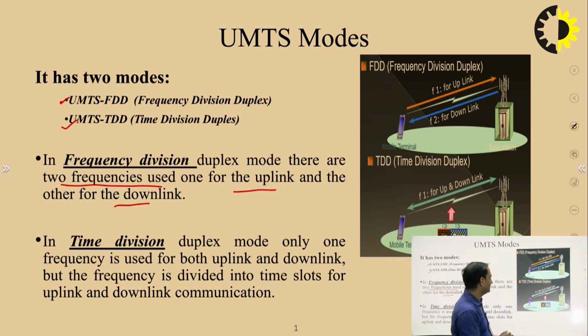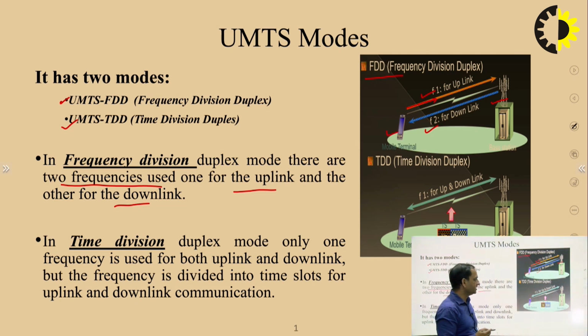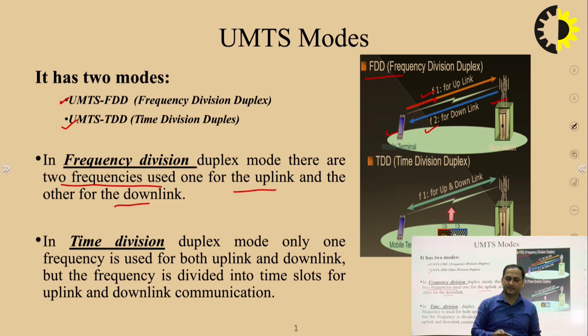We can see in the figure that in the FDD system, two frequencies F1 and F2 are used. One frequency is used only for the uplink, from the mobile phone to the tower, and the second is used for the downlink, from the base station to the mobile phone. So two frequencies are used in the case of FDD.